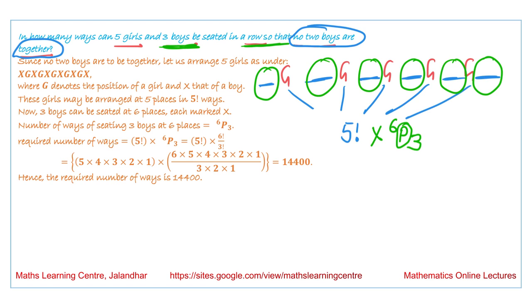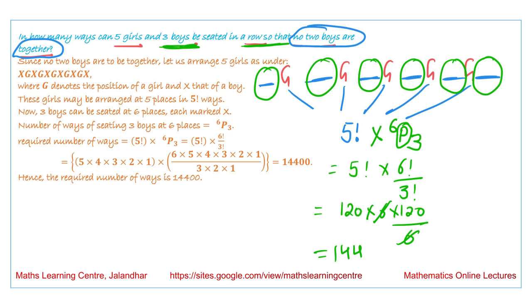So the answer is 5 factorial into 6 factorial by 3 factorial. This is 120 into 6 into 120 divided by 6. On multiplying these values, we get 14400. So the number of options is 14400.